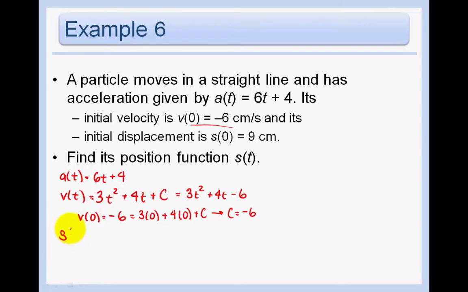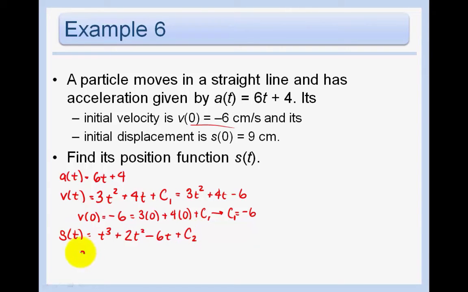And so my position function, add 1 and divide, so t cubed, add 1 and divide, 2t squared, minus 6t plus some other constant. I'm just going to call this c1, and this is c2.